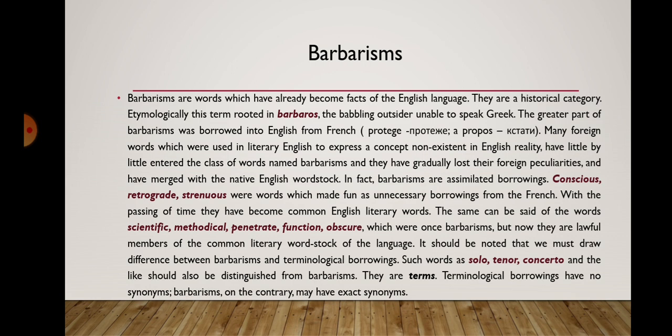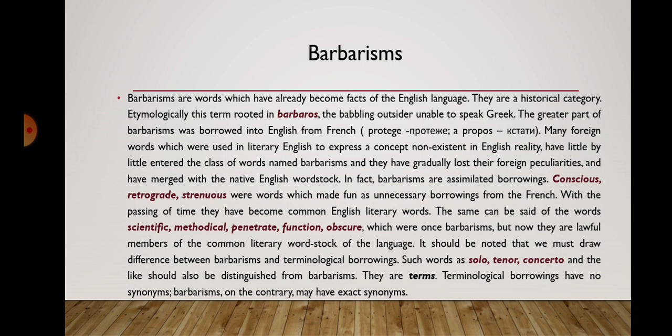Many foreign words which were used in literary English to express a concept non-existent in English reality have little by little entered the class of words named barbarisms, and they have gradually lost their foreign peculiarities and have merged with the native English word stock.